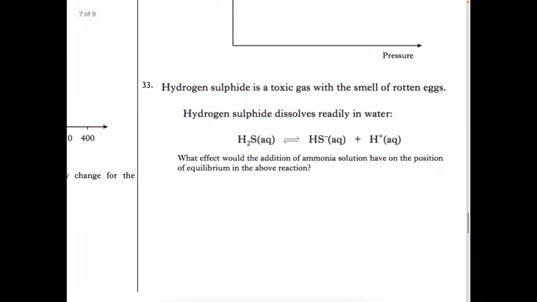Let's try this one here, number 33. So what effect would the addition of ammonia solution have on the position of equilibrium in the above reaction? Well, ammonia is a base, okay, and that would react with the H+. This is a wee bit tricky, but it would do this.